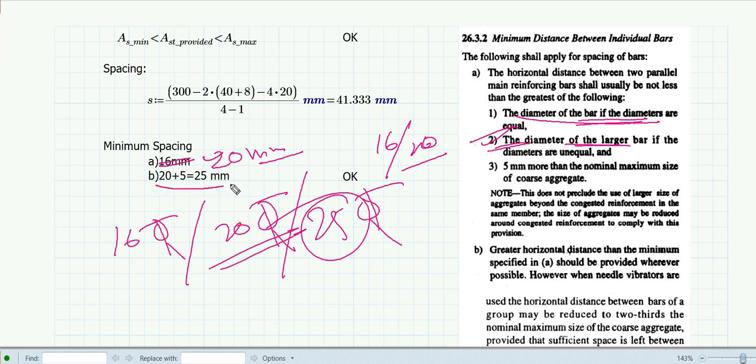Then the spacing, considering the nominal size, generally we use 20 mm down plus 5 mm extra, so it becomes 25 mm. So out of these two, the spacing should not be less than the greatest of the following. That means the greatest is 25, so whatever spacing we provide should not be less than 25 mm. This is as per the code.